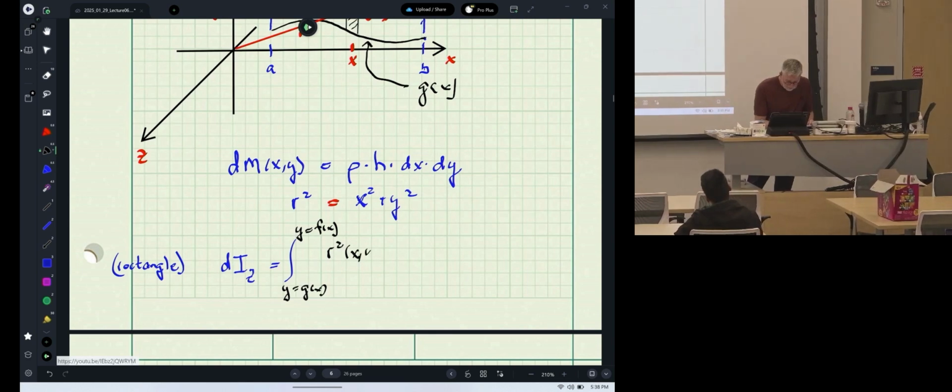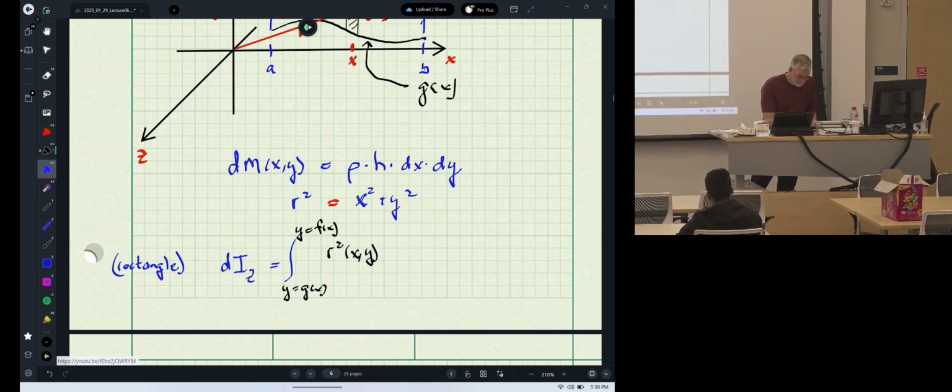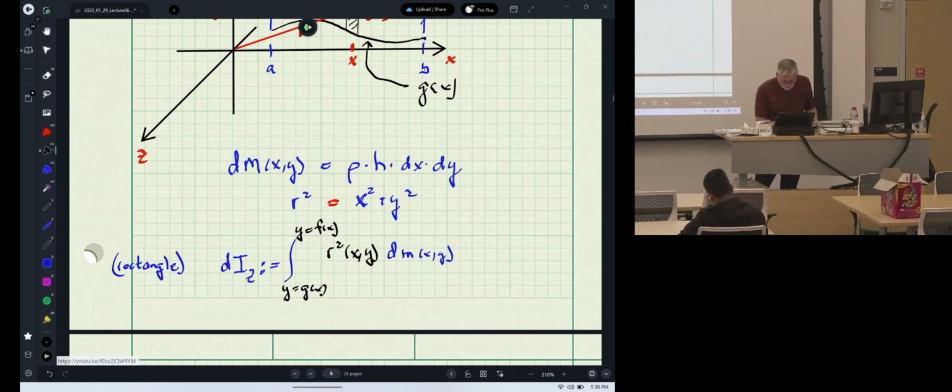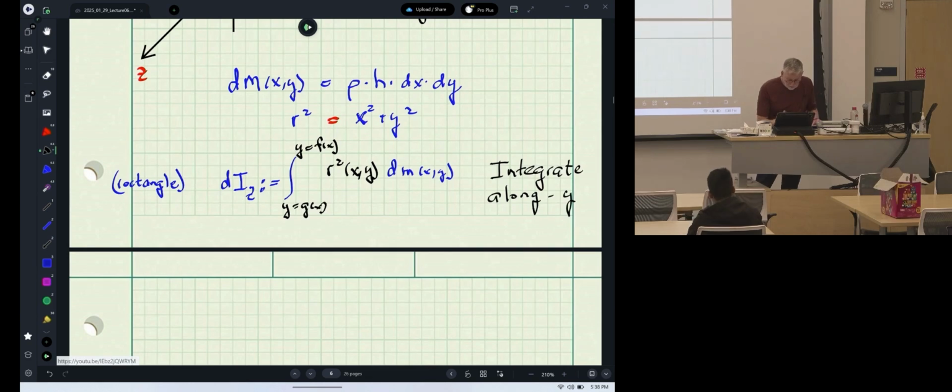R squared of x and y, and my differential mass. That's really the definition. And so we're integrating along y, with x being constant.